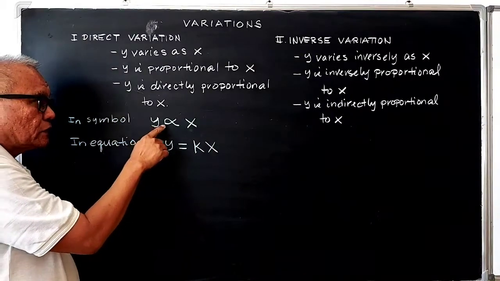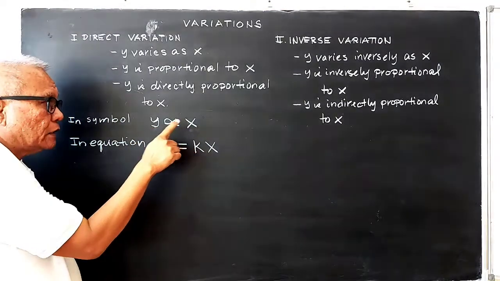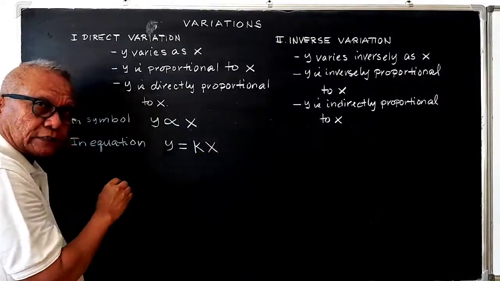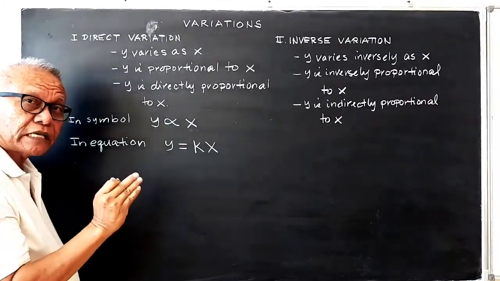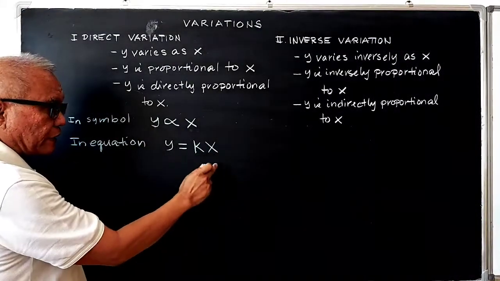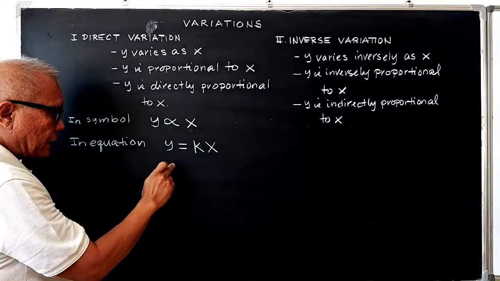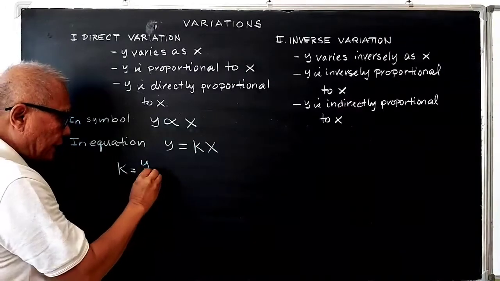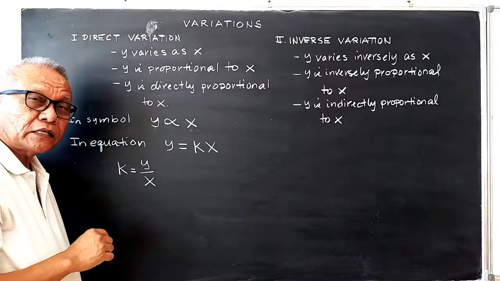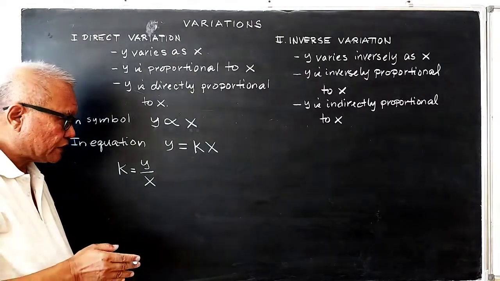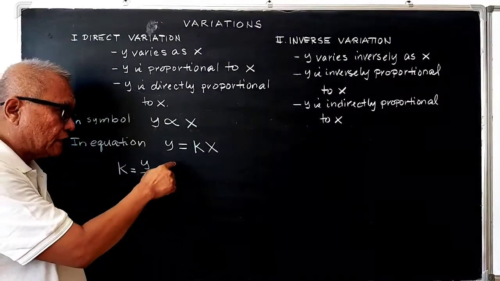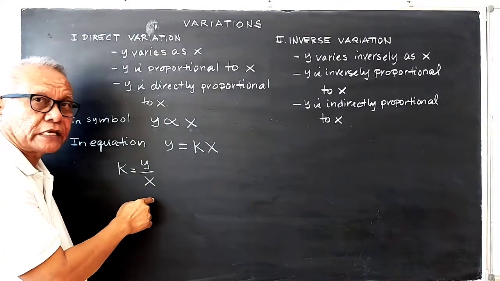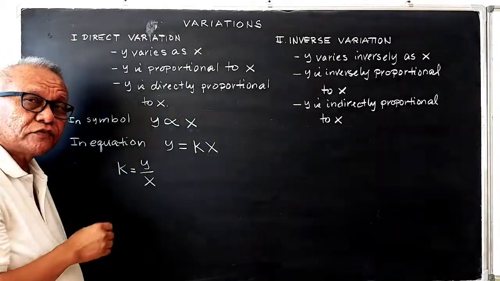In equation, that is y is equal to kx. Then we solve for the constant k. So we divide this by x, we divide this also by x. So our constant is equal to y over x. That's why in our ratio and proportion, you will see there A is to B as C is to D. That is division. And this is our constant.